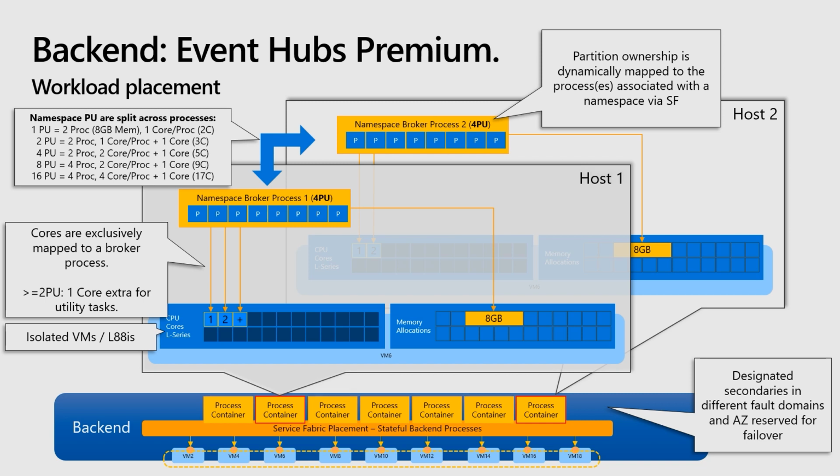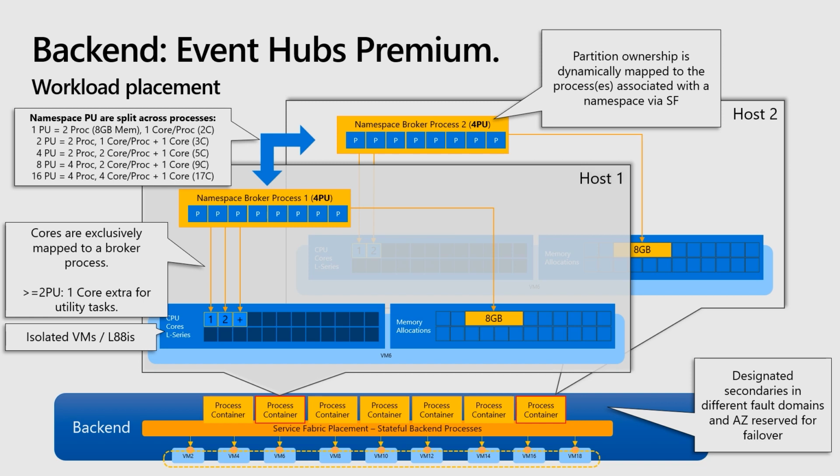If you get 2 PUs, that's now getting a little weird. You get 2 processes, and you also get 1 core per processor, and you get 1 core extra. So when you go from 1 PU to 2 PUs, what we're giving you is an extra, because you're already getting 2 processes and 2 cores here with 1 PU, right? And this is supposed to map to the cores.